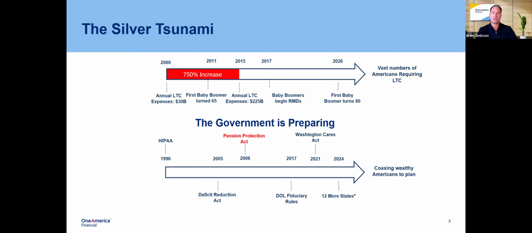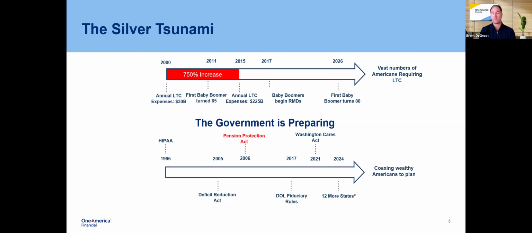So the government's been preparing for this for quite a number of years, all the way back with HIPAA, the Deficit Reduction Act, and certainly one that we're going to be talking about today, the Pension Protection Act, which started in 2006 when the bill was created and was actually put in place in 2010. So we've really had more than 15 years of the Pension Protection Act being out there.